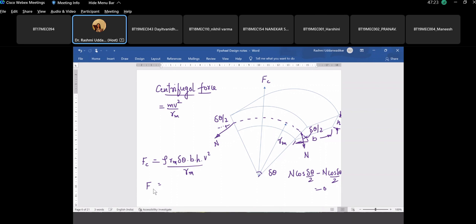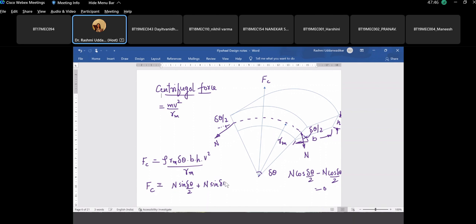The sine component will be equal to the vertical component Fc acting outwards, and the vertical component, that is the sine component, will be N sine delta theta by 2 plus N sine delta theta by 2.